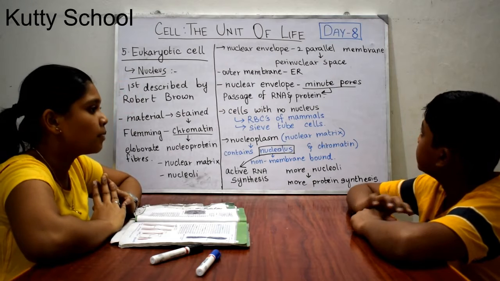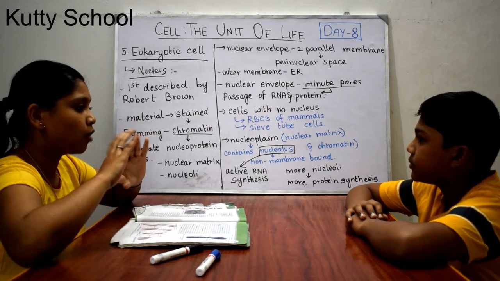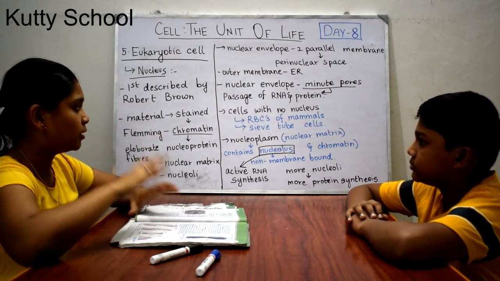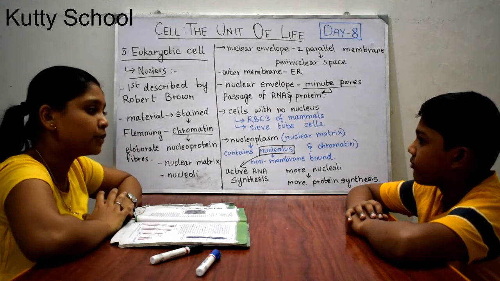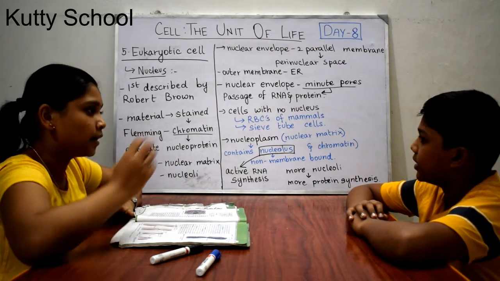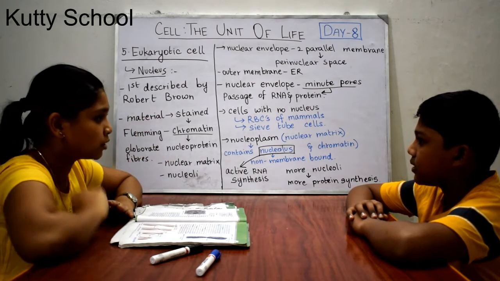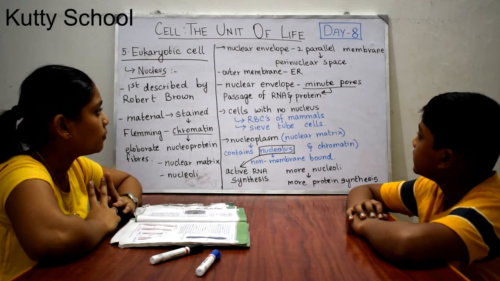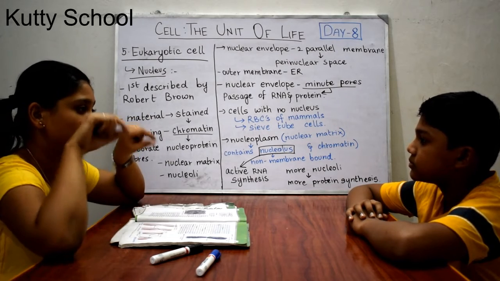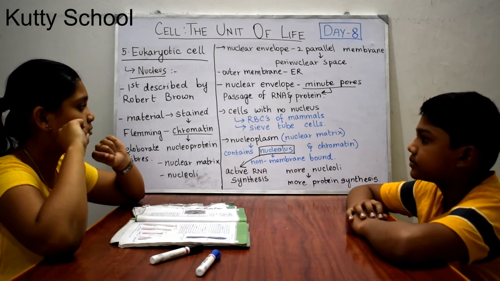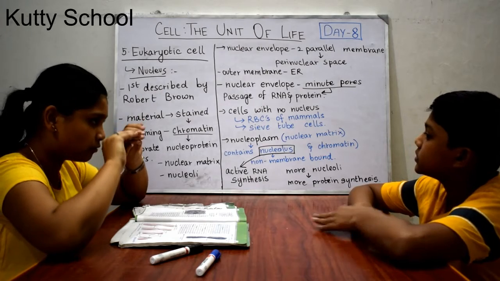The outer membrane is continuous with the endoplasmic reticulum, and therefore many ribosomes are present on it. The nuclear envelope has many minute pores, where the two nuclear membranes fuse together.